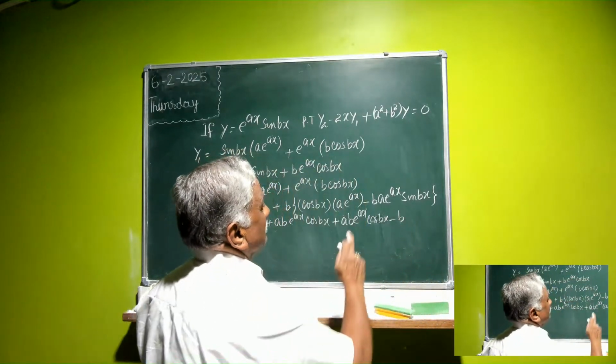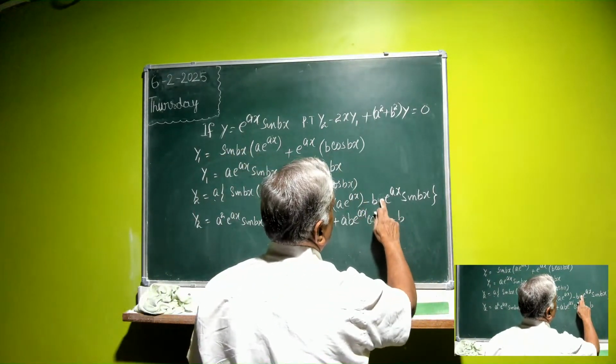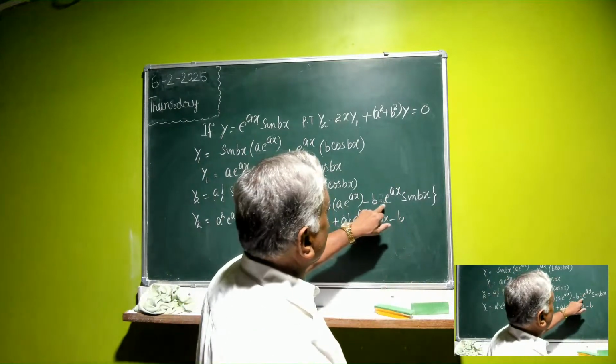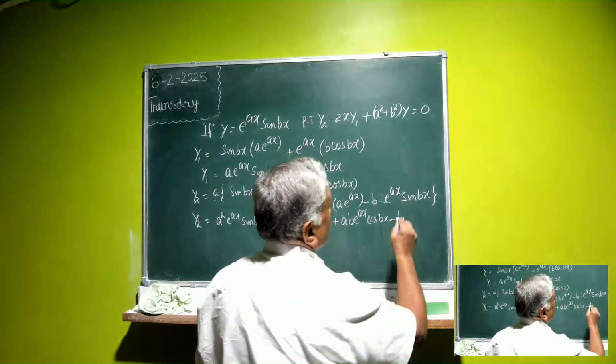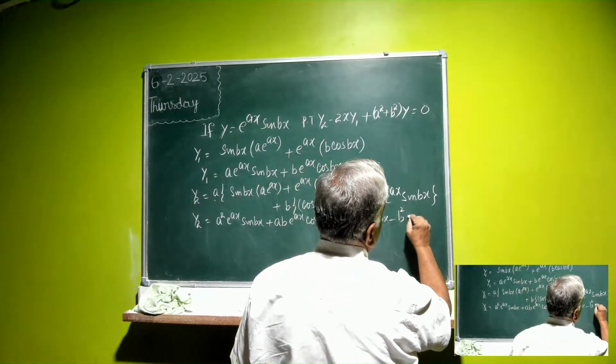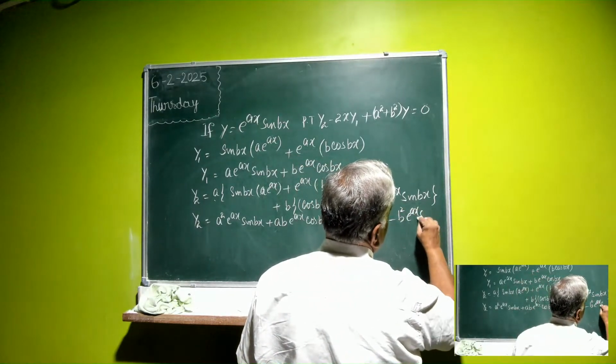There is no a here because you have kept e power ax as it is. You have differentiated sin bx, you get only b. So minus b square e power ax sin bx.